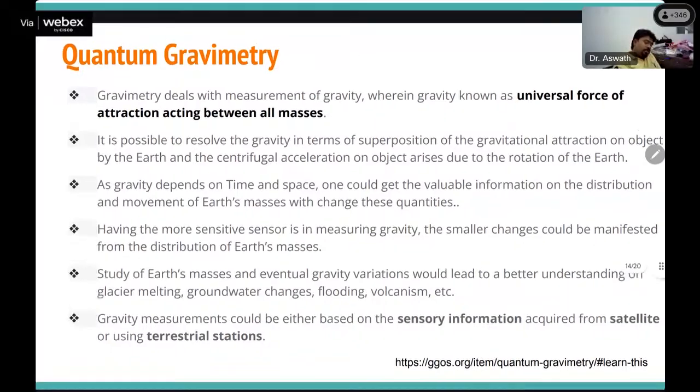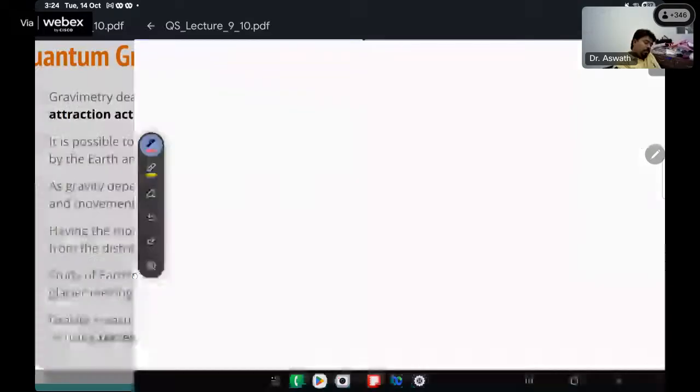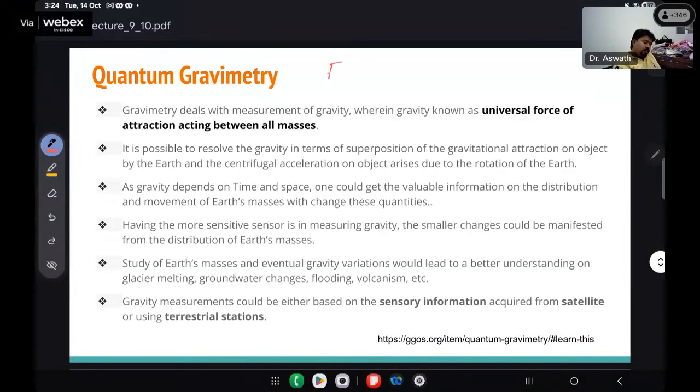Let me write down. The universal gravitational force is equal to G, the universal gravitational constant, multiplied by the masses m1 and m2, divided by the square of the distance between m1 and m2, and it acts along the direction of the connecting radius between them. This is the gravitational force.